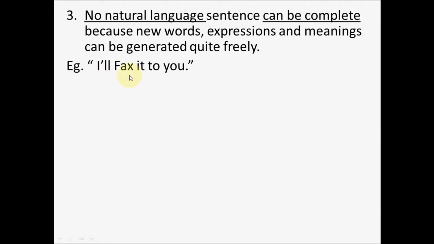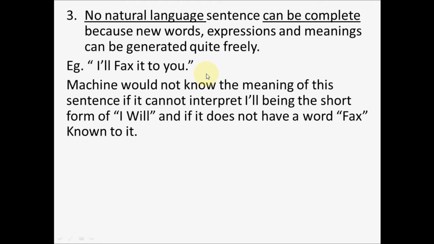Let's take an example. I'll fax it to you. This is a sentence, right? Now, the machine would not know the meaning of this sentence if it cannot interpret that I'll is just a style of writing, the short form. If the machine cannot interpret I'll being the short form of I will, then it will not be able to know the meaning of the sentence.